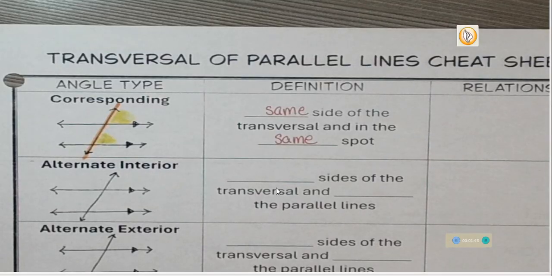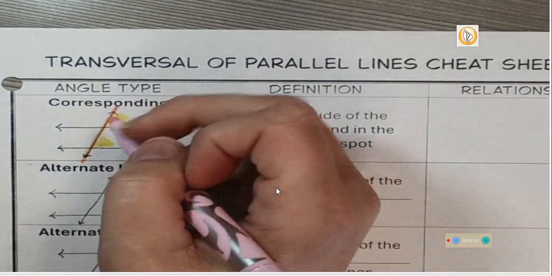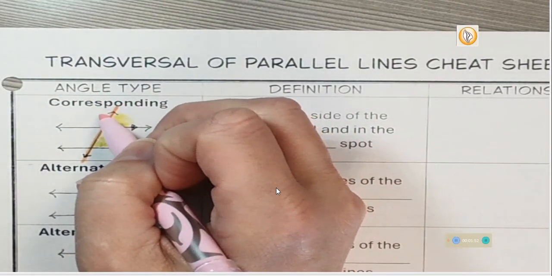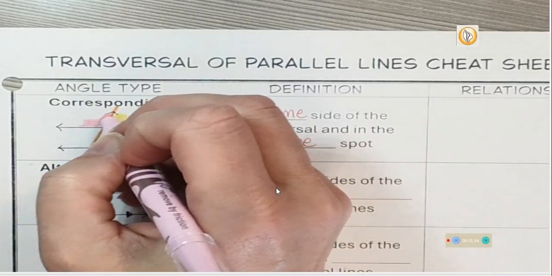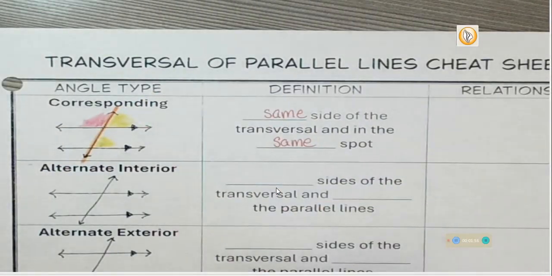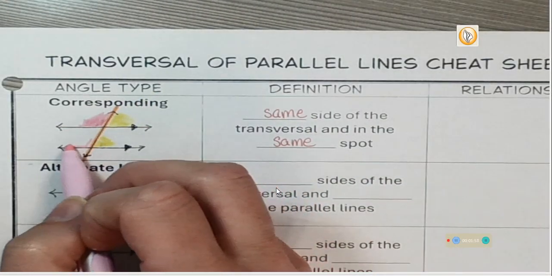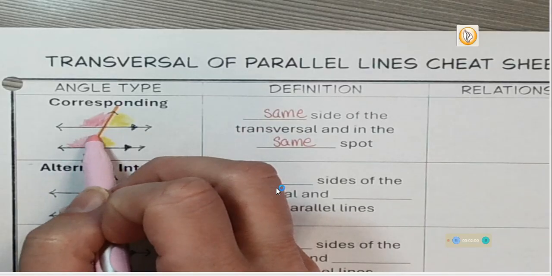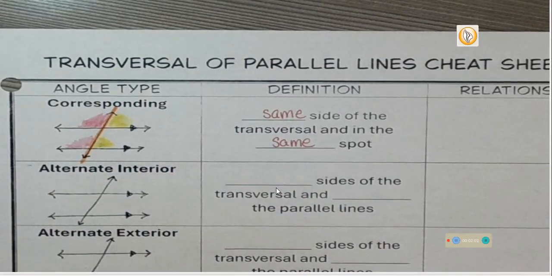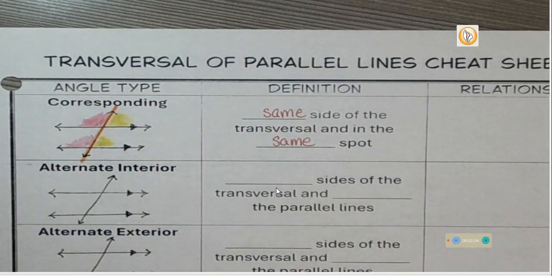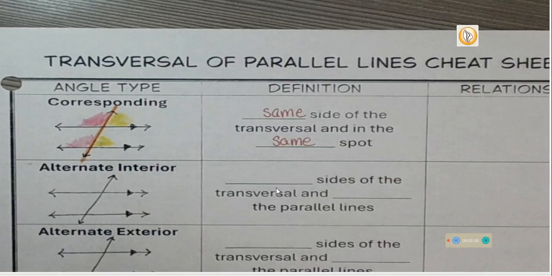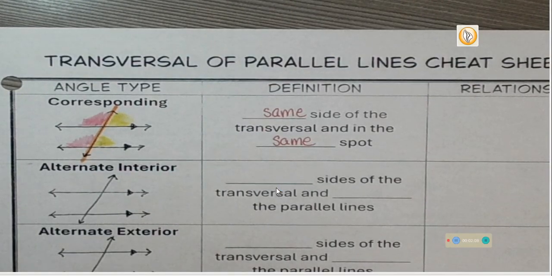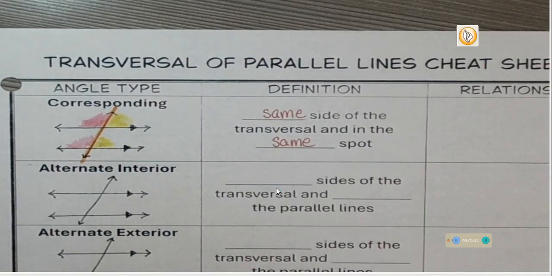This angle in the top left corresponds with top left down here. They are on the same side of the transversal and the same spot, above the parallel line and to the left of the transversal.